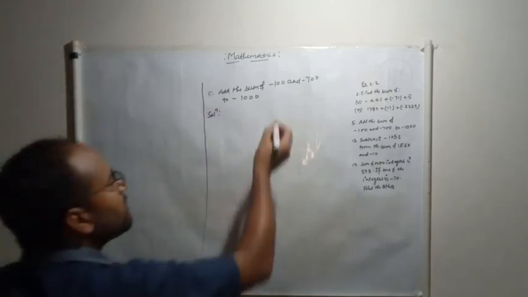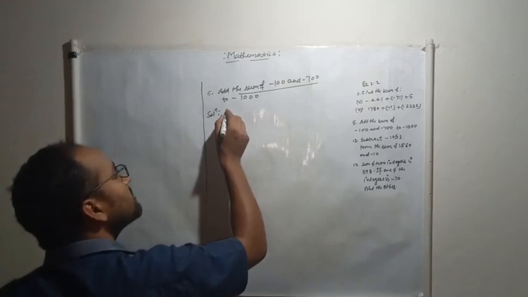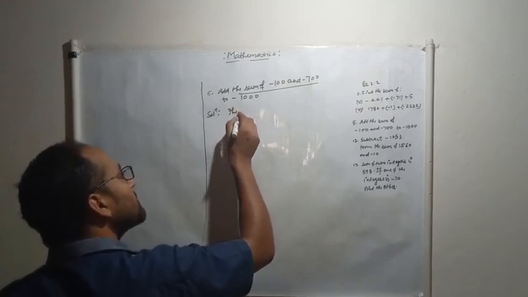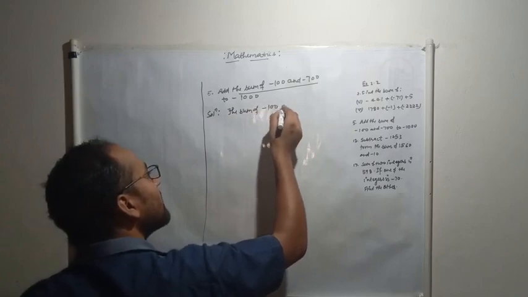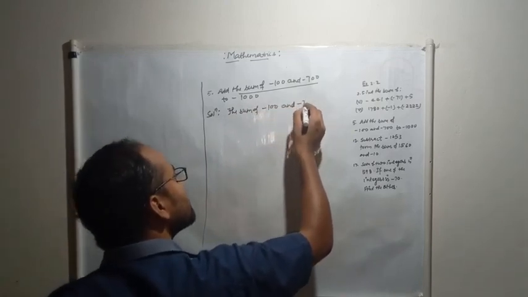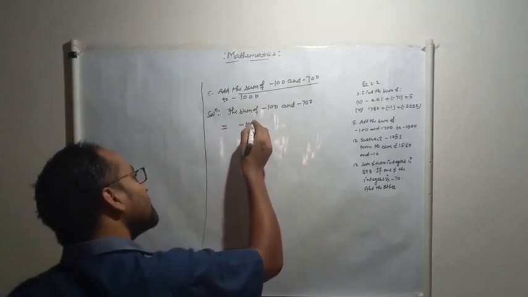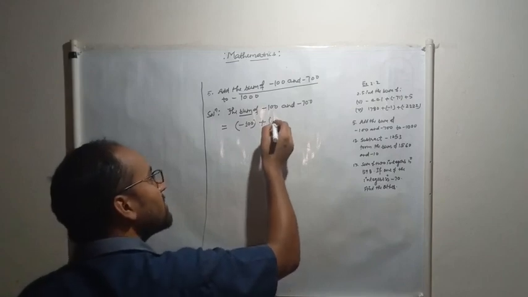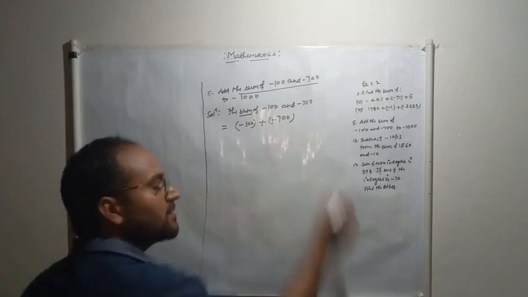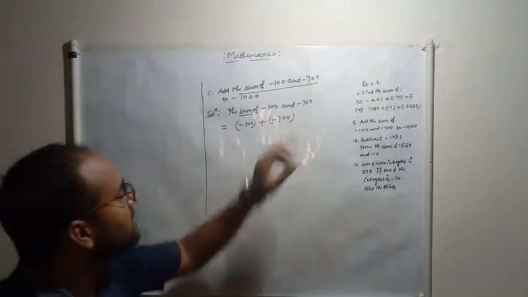So first I am going to find the sum of minus 100 and minus 700. So minus 100 I am going to write in a bracket, plus means we are going to add minus 700. Okay students, and you know that both are same signs.